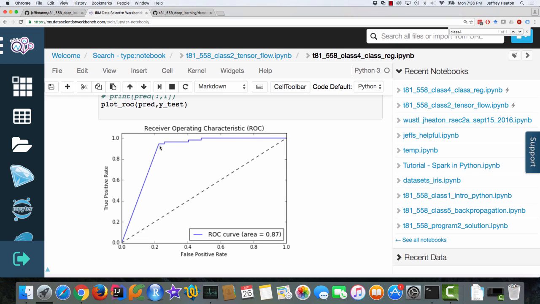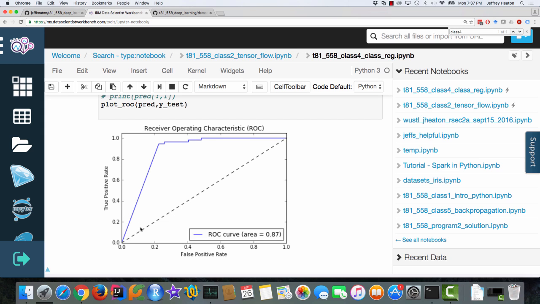If you drew an imaginary line to there, the area out here is the error. The area down here is correct. So if you draw the line there, you can see that it's generating more false positives than true positives.